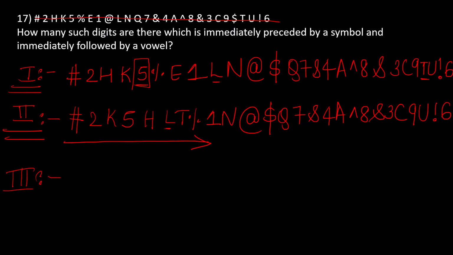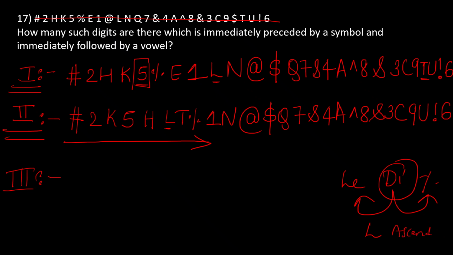After completing step 2, if the digits are immediately preceded by a letter and immediately followed by a symbol, then the digits are placed immediately right of L, immediately right of L in ascending order.